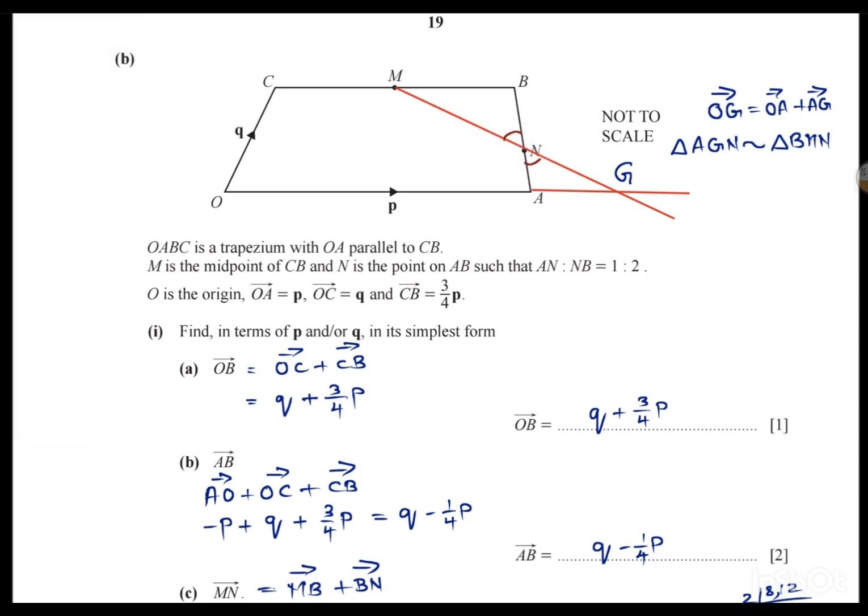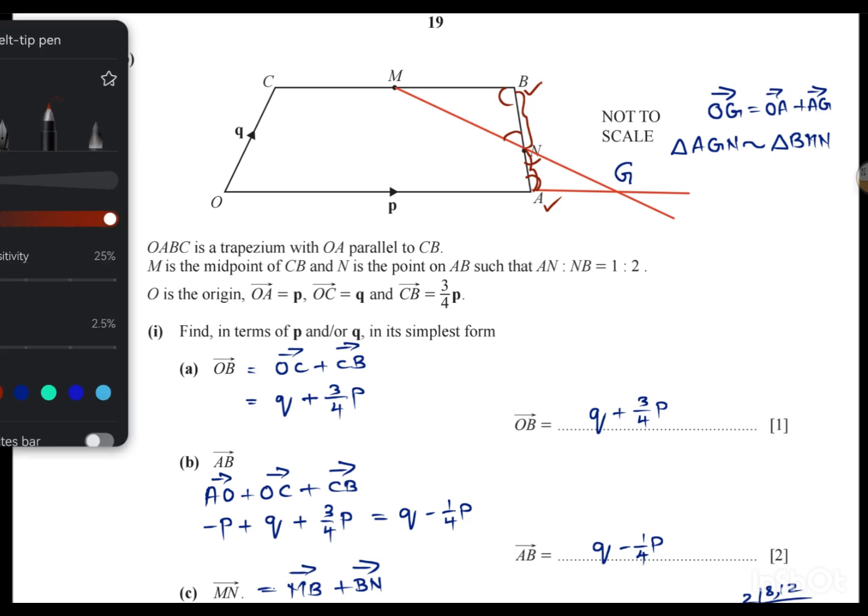These two angles are equal, and these two angles are also equal because this is parallel to this line, so the alternate interior angles are always equal. And these sides BM and AN are in proportion. So by angle side angle similarity they are similar. Now when they are similar, the ratio of their corresponding sides will also be equal.